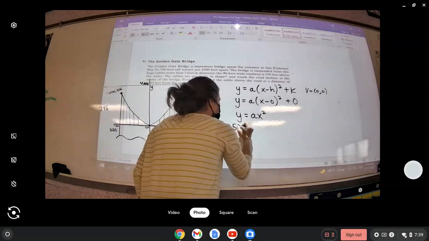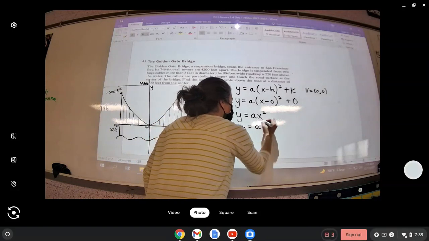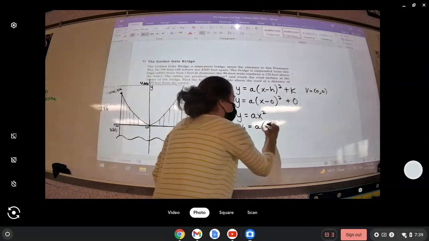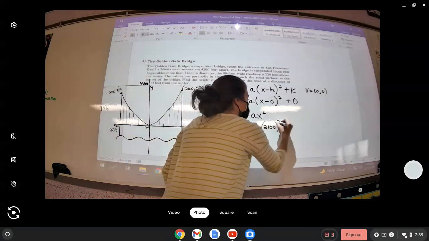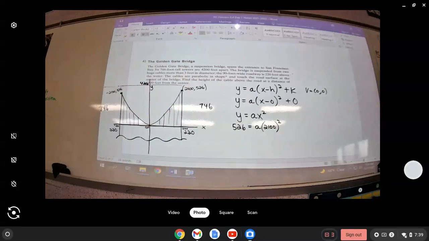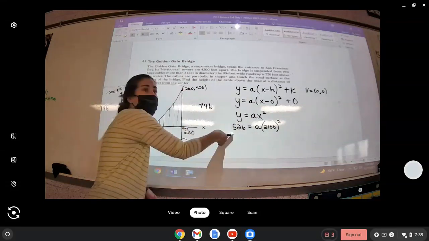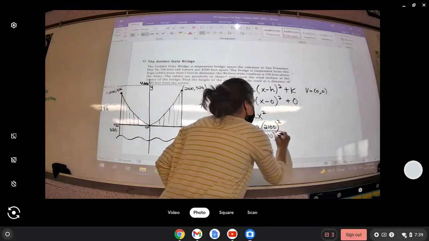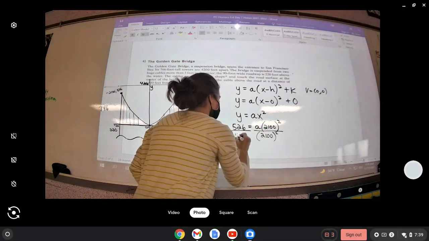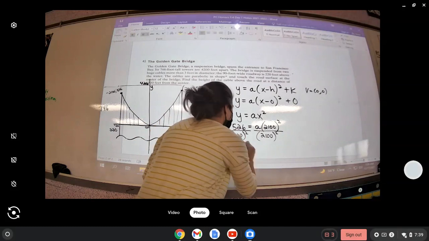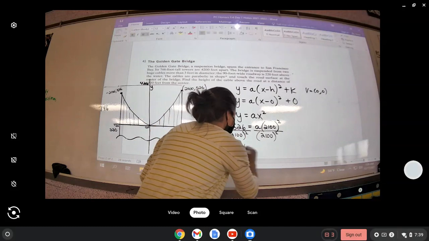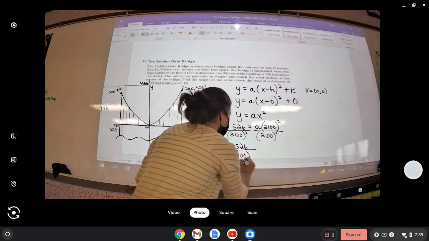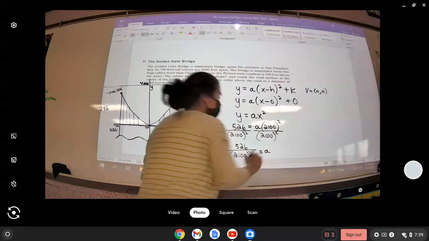So I know 526 is equal to a times 2,100 squared. I'm not even going to do 2,100 squared. I'm going to leave it. And then to get a by itself, all I have to do is divide it over. And then 526 divided by 2,100 squared is a.